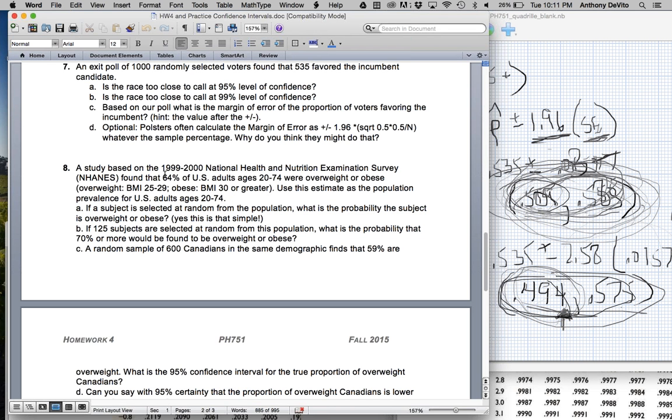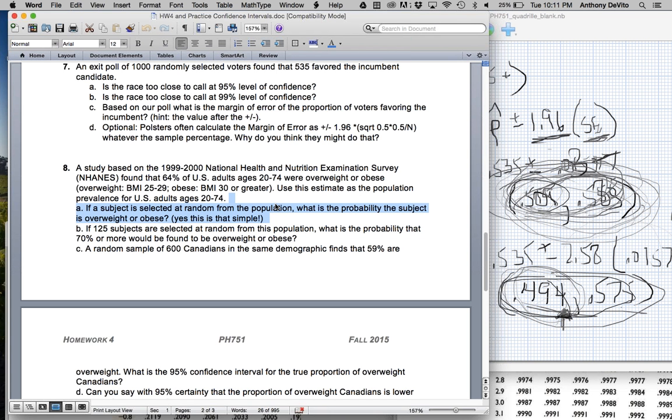Well, the population proportion that's obese is 64%. So the answer to that is just 64%.